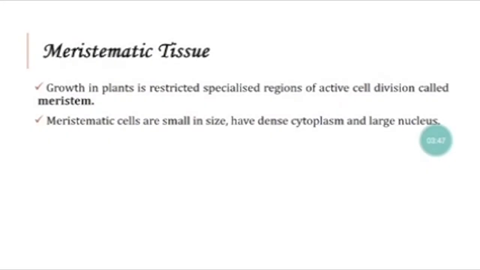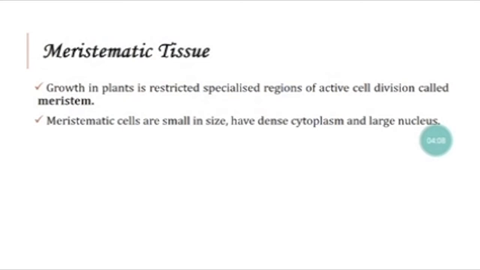Where the cells are continuously dividing, that part is called the meristem. That means the part of the plant that grows continuously originates from special cells that divide continuously, and that tissue is called meristematic tissue.